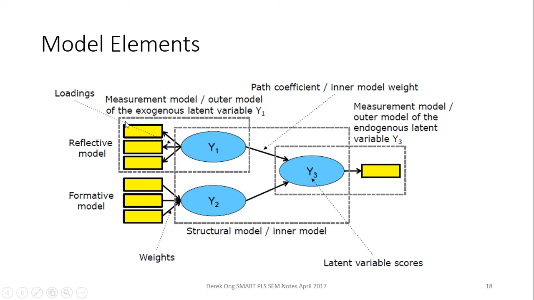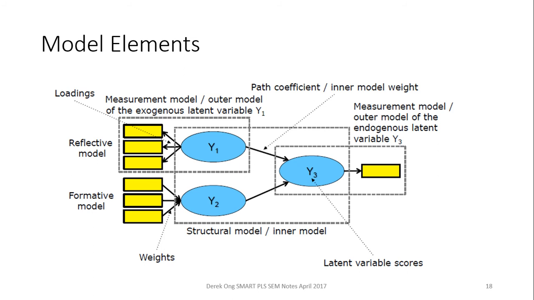That's why we use the indicator items or the measured items to help build your latent variables. Yeah, so the yellow rectangles here are the indicator items, and the blue color ellipses here are what we call the latent variables. So latent variables could be anything like intention or motivation or consumption intention and so on and so forth.